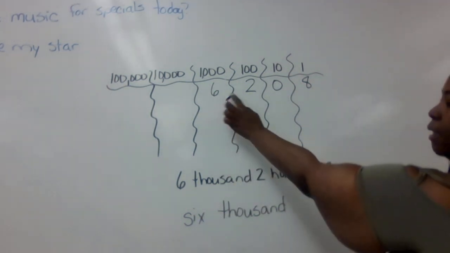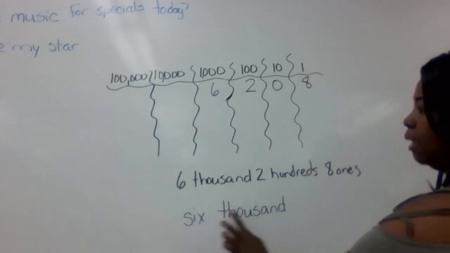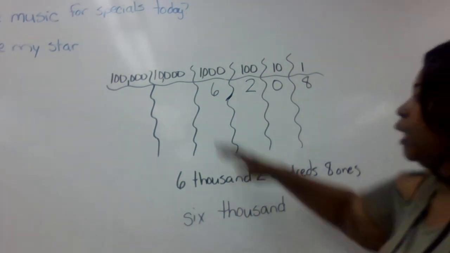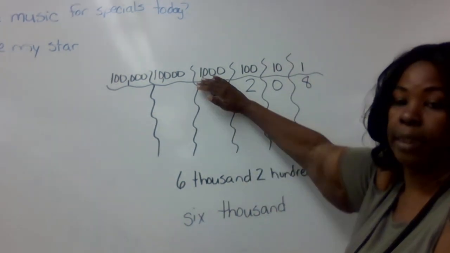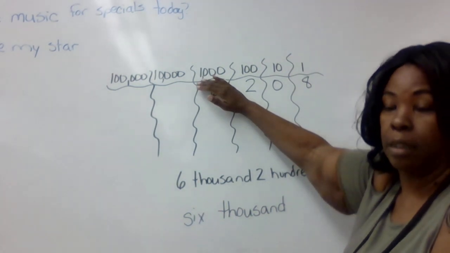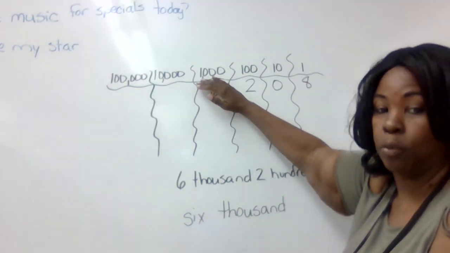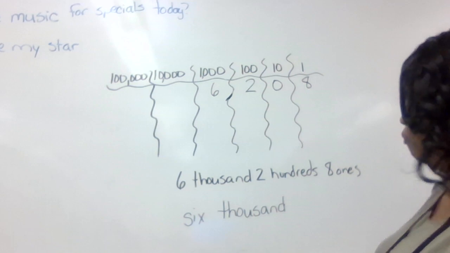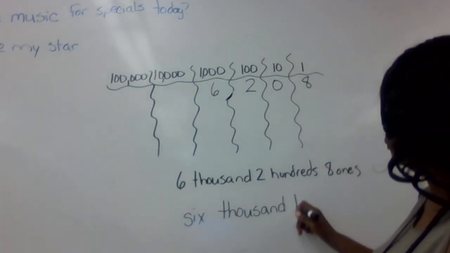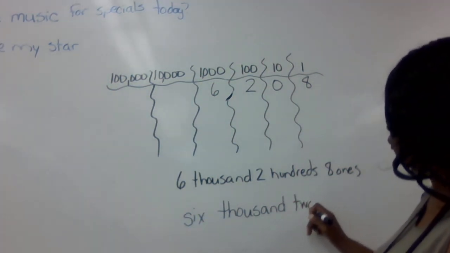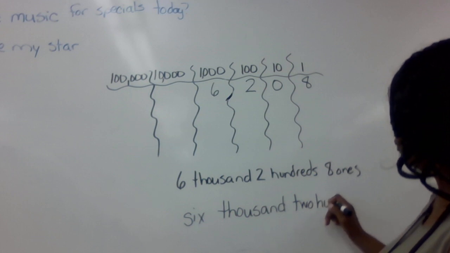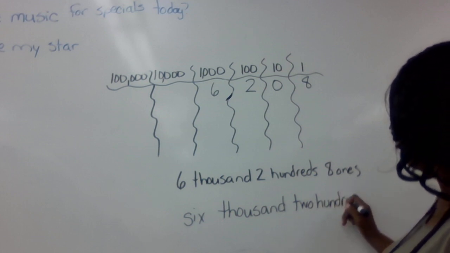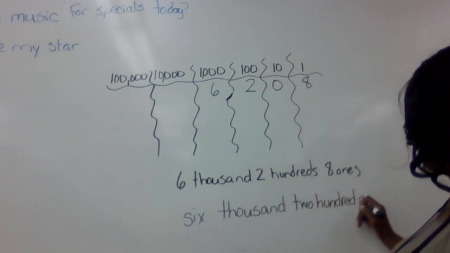So we're at 6,000. Now we're going to read the rest of it. How would you read that? 208. So that's what we're going to write is 208.